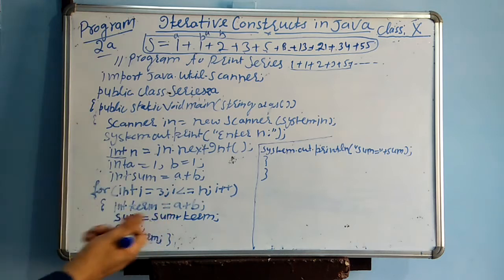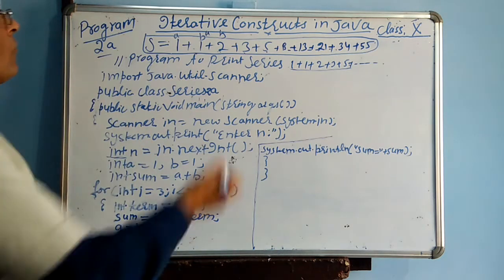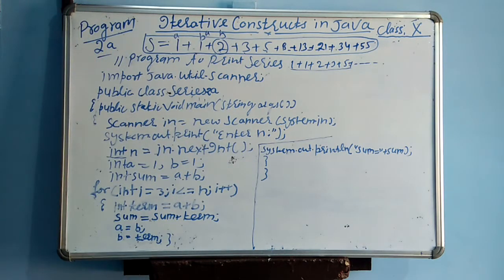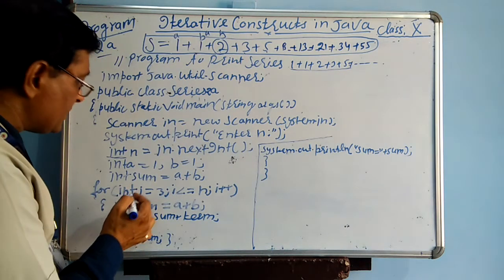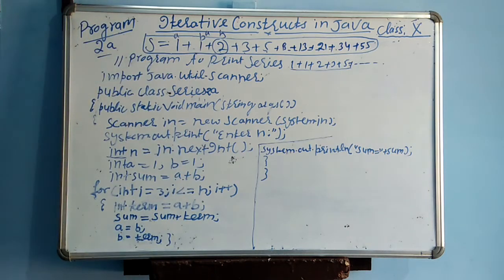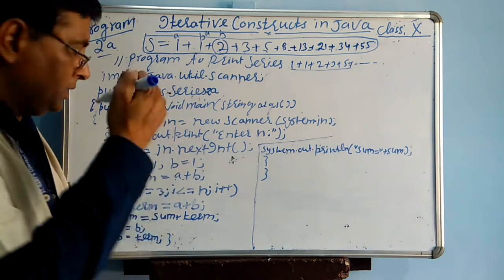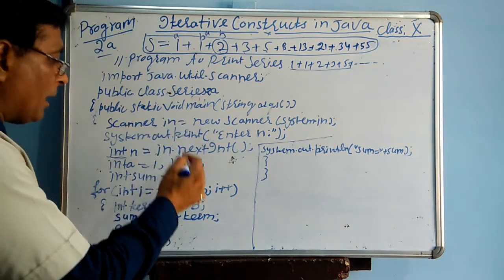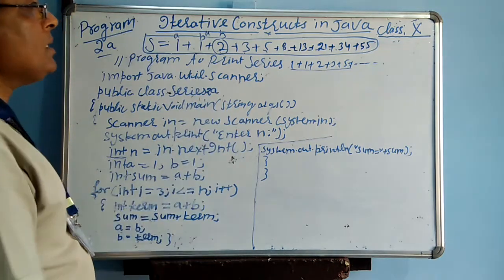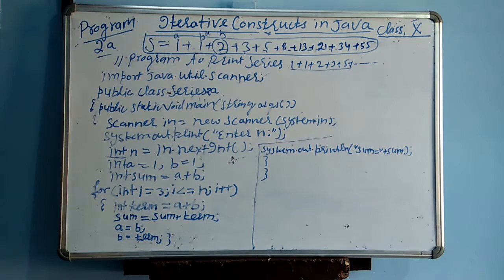Now when we sum, this loop will start from the third digit. So for int i is equal to 3; then i is less than or equal to n. n is the number of digits which is given by you.